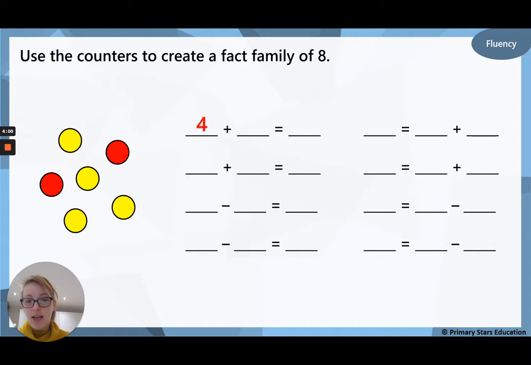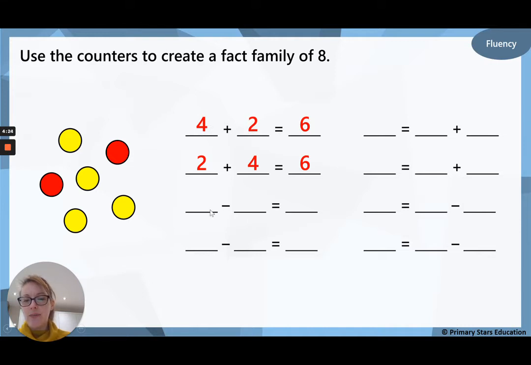So we can write 4 plus 2 is equal to 6. So 4 yellow ones plus 2 red ones, we count them all together, we have 6. And the other addition number sentence we could write is 2 plus 4 is equal to 6.